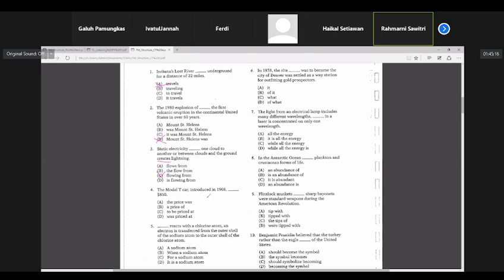The Model T car introduced in 1908, yang D was priced at 850. Yes. So here we have the subject, the Model T car, and then here we have the main verb was priced at. Introduced in, this one, it is an adjective phrase.